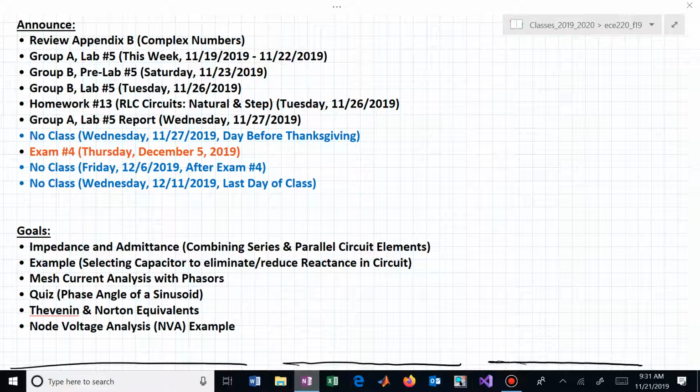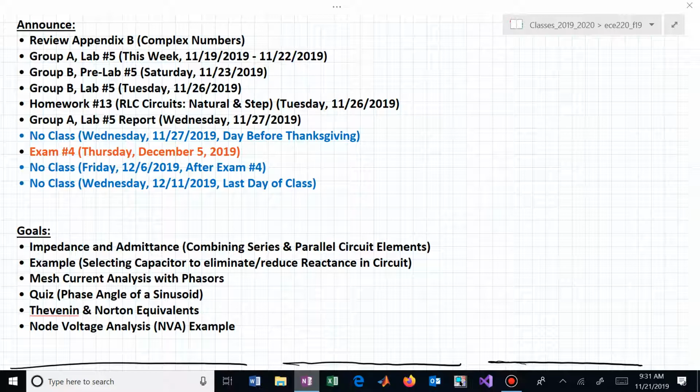Lab 5 is being executed this week by Group A students. Group B, you should be getting your pre-lab put together and have it available or submitted by this Saturday for Lab 5. And then you will have your lab, the last lab of the semester, Group B, Tuesday of next week.